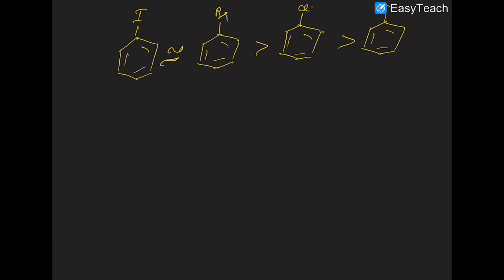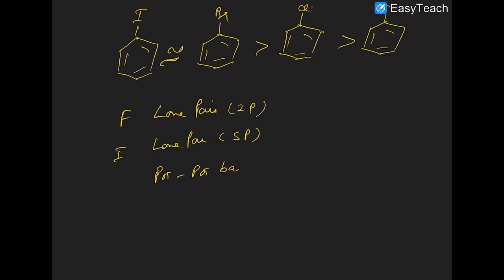Now if you look at the various dipole moments of these halobenzenes, what can you say? It is the tendency to form back bonding. In fluorine, the lone pair is present in a 2p orbital, while in the case of iodine, the lone pair is present in a 5p orbital. So p-pi back bonding with the benzene ring is maximum in the case of fluorine.